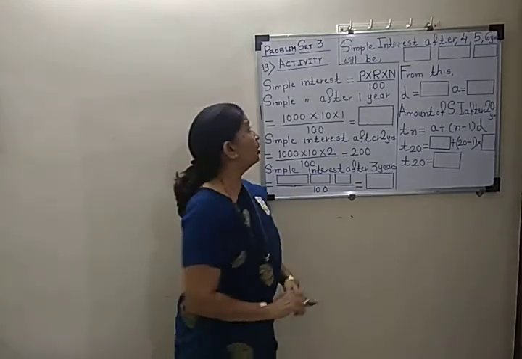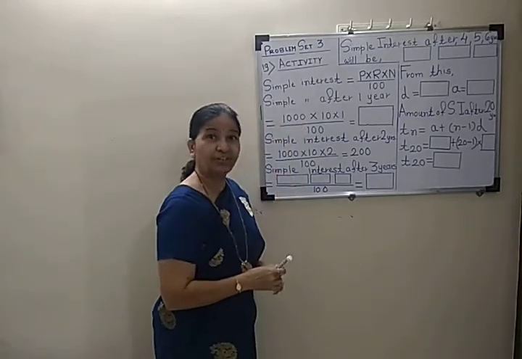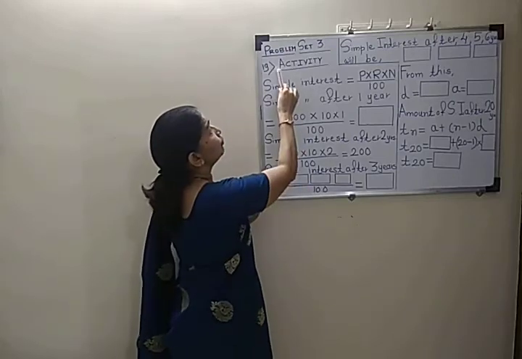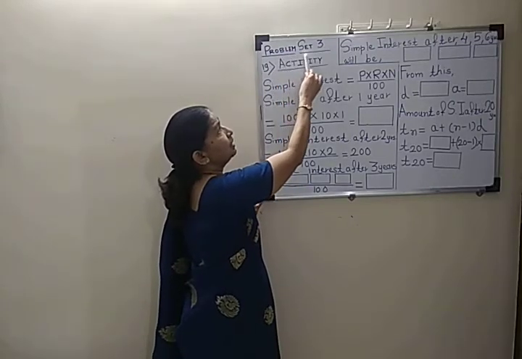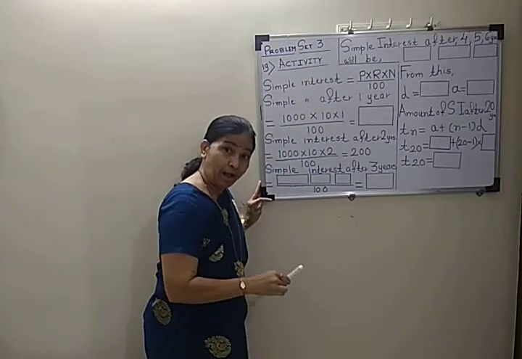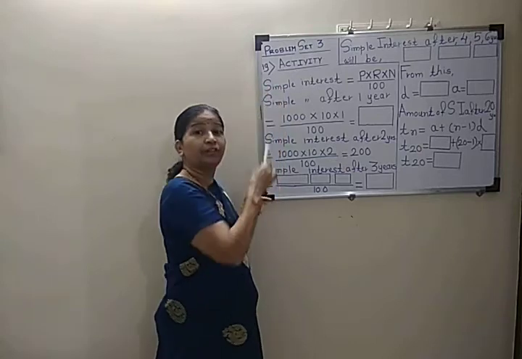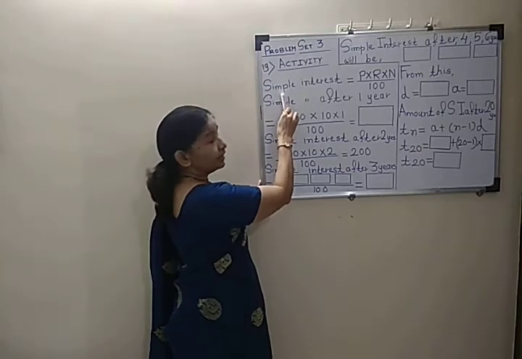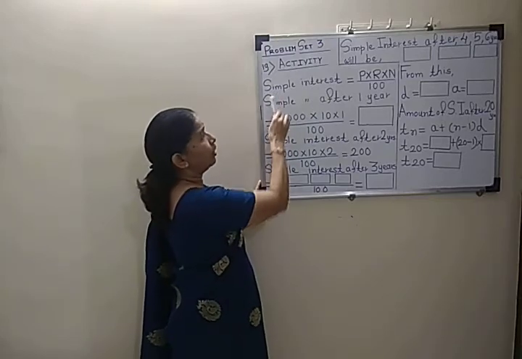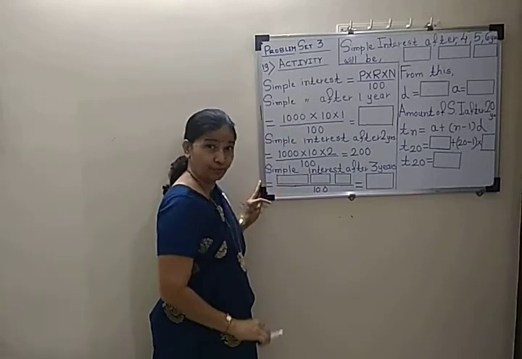So to complete the activity, we will turn to this example from problem set 3, arithmetic progression, the last example. They started with simple interest.